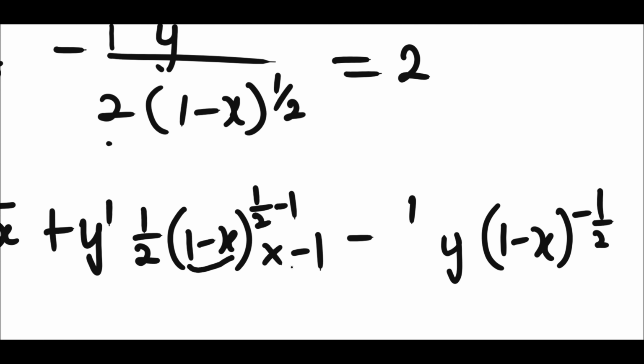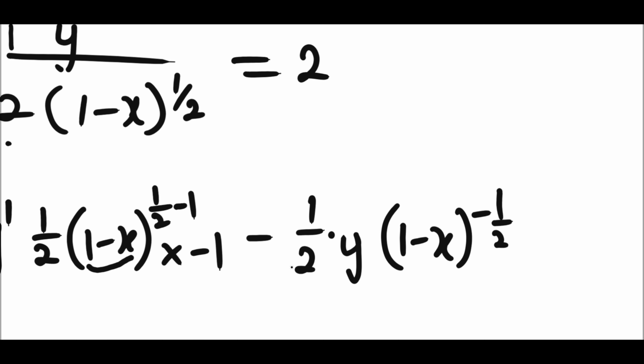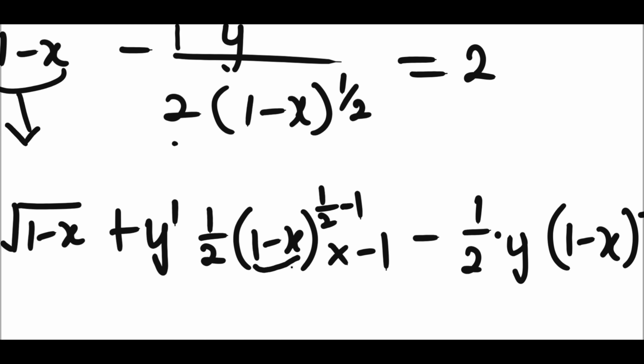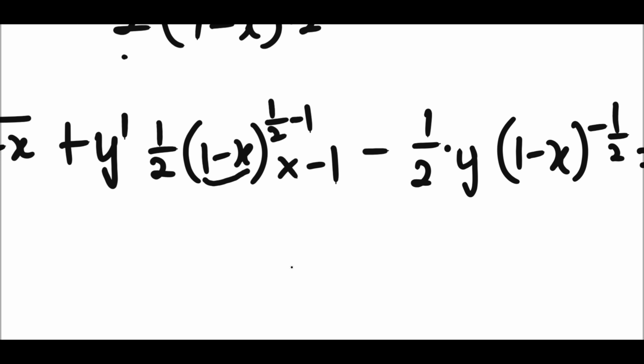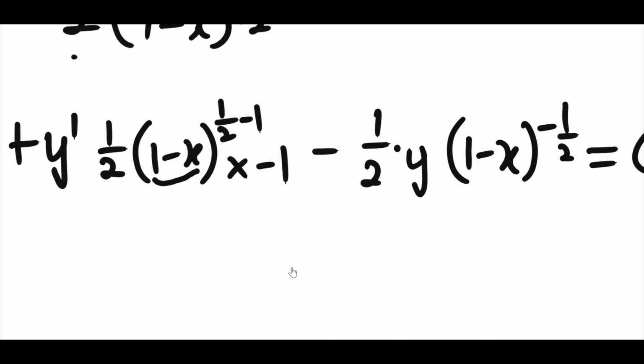So it's going to be 1 over 2 multiplying 1, multiplying y, multiplying bracket of 1 minus x having an exponent of negative half, because we have reciprocated y over 1 minus x having an exponent of half. So the power becomes negative half. When you differentiate the 2, we are going to get 0. Now we are yet to differentiate this part of the equation, so we'll come back to that part and differentiate it.